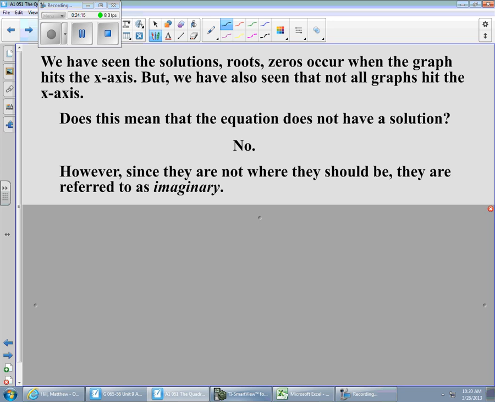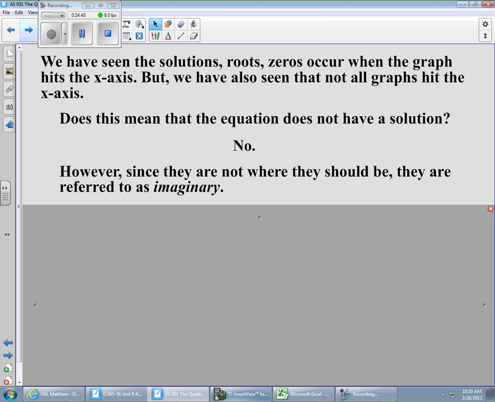The term they've assigned to this is imaginary. If you've never heard that term before, you may want to jot it down. Imaginary solutions are when solutions exist somewhere other than on the x-axis.